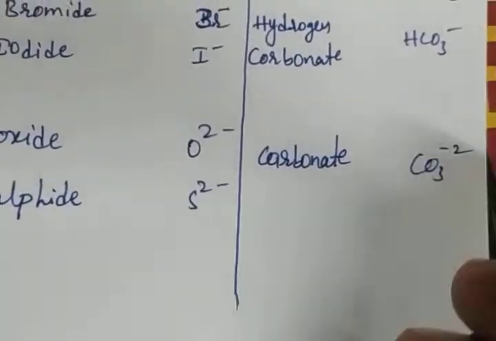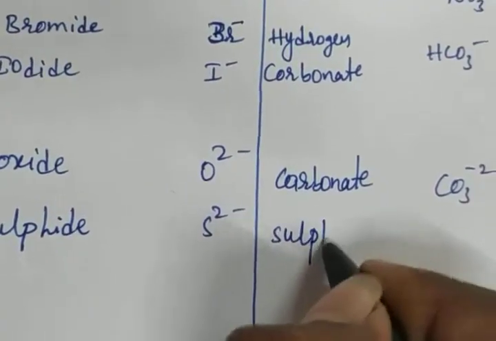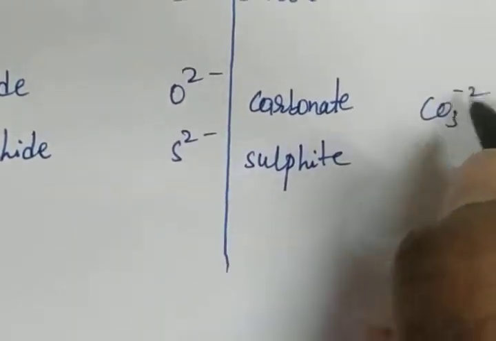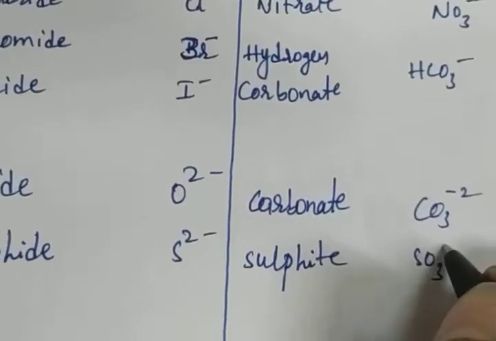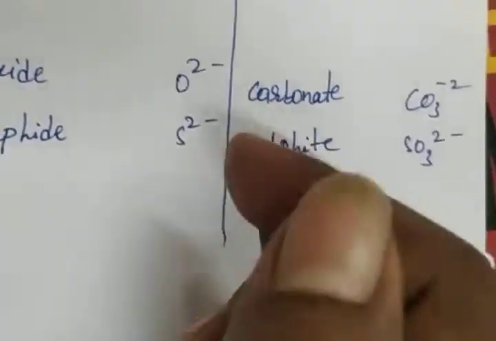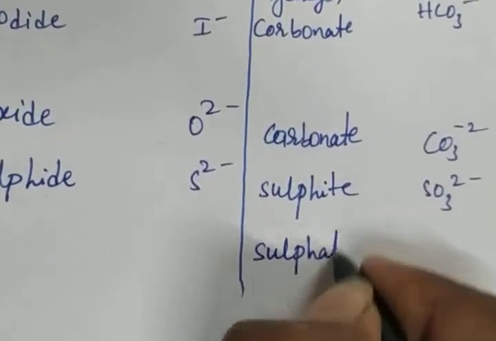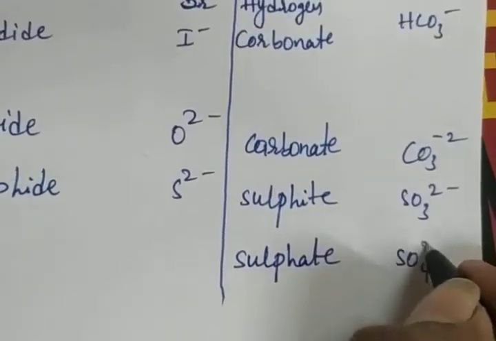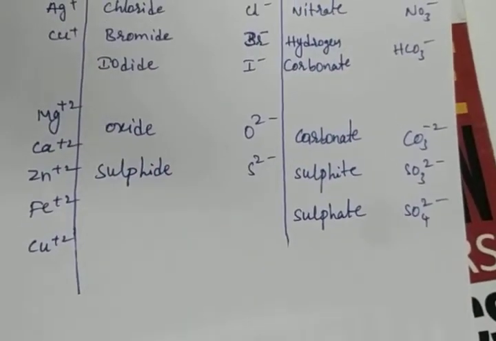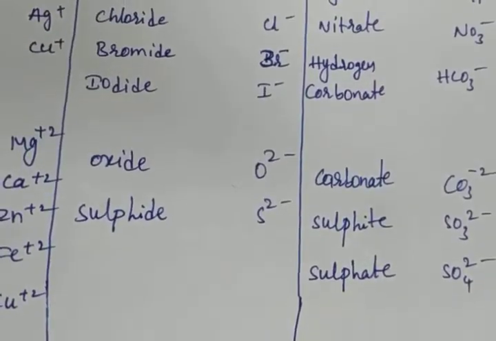CO3 2 minus; minus 2 or 2 minus also we can write. Sulfite is SO3 2 minus. Sulfate is SO4 2 minus.